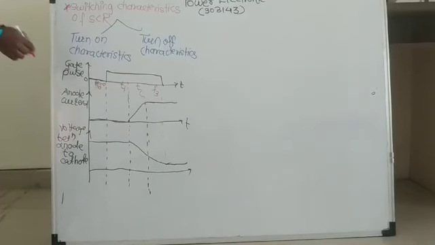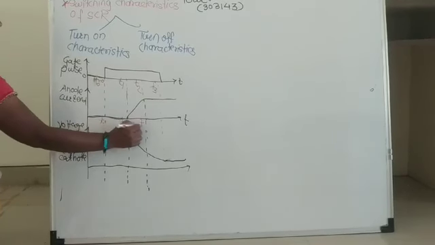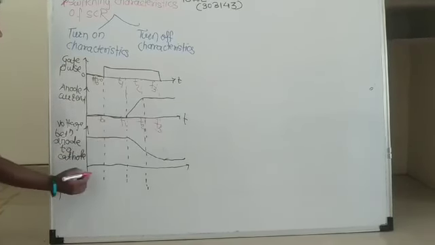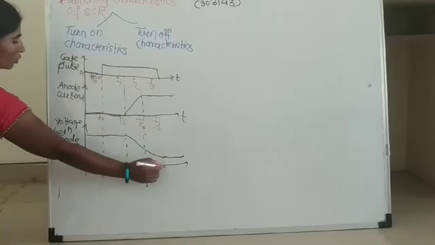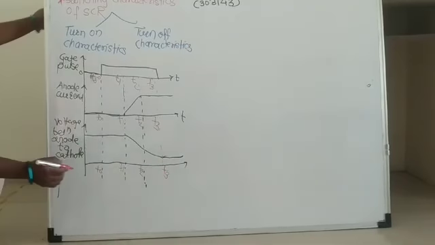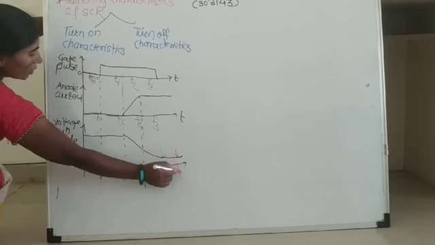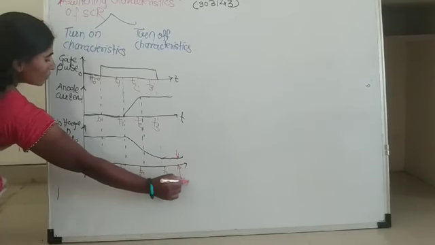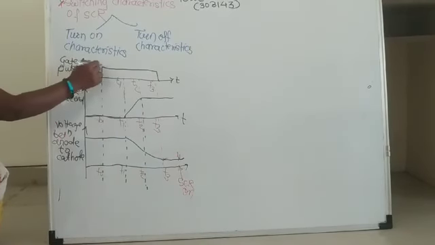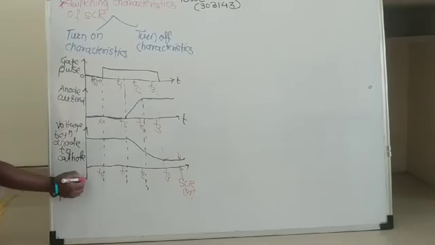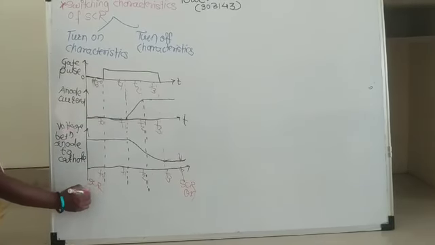Same will follow for this, that is t0, t1, t2, t3. Here your SCR gate turns on, and before this your SCR is initially in off condition.